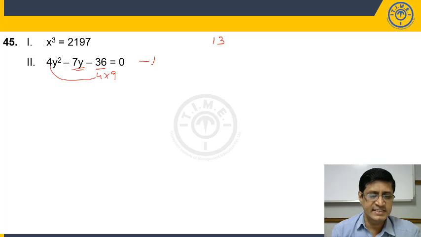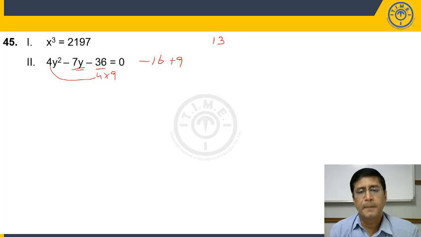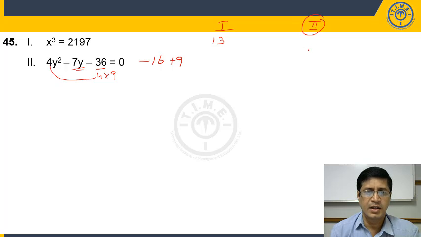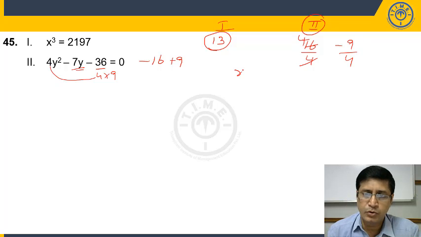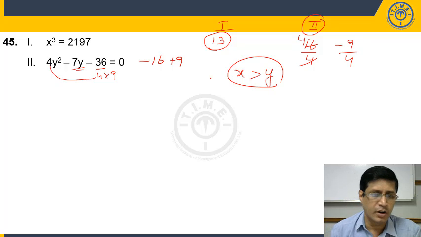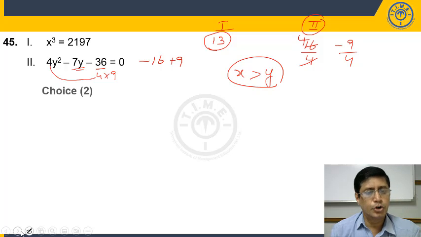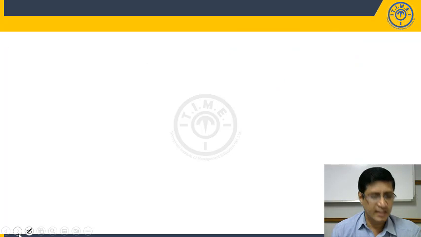So minus 16 plus 9. So what is the result? It is minus 7y. So what are the roots of the second quadratic equation? It is plus 16 and minus 9 by 4. Now simplified it goes exactly 4 times. The value 13 is greater than 4 as well as minus 9 by 4. So x is greater than y. So right choice, option number 2. Second choice is the right answer.